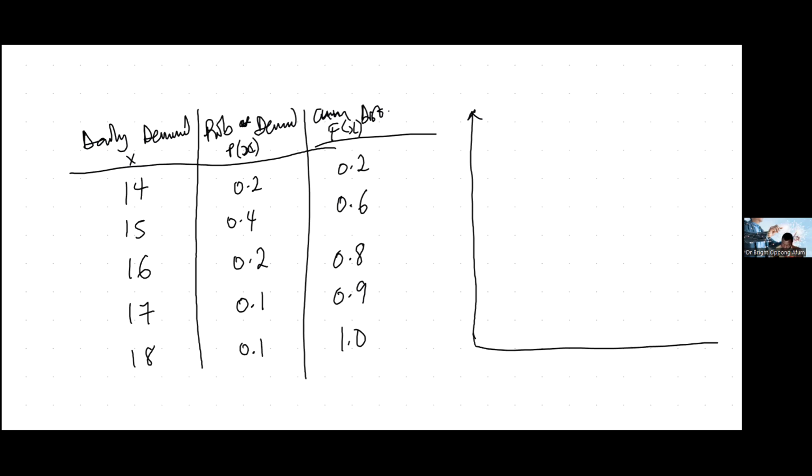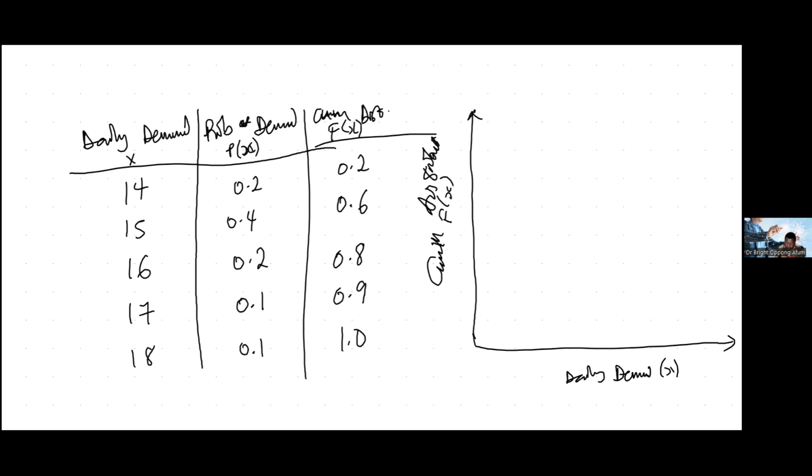We can graph the cumulative distribution, which is the F(x) against the daily demand, which is x, right?